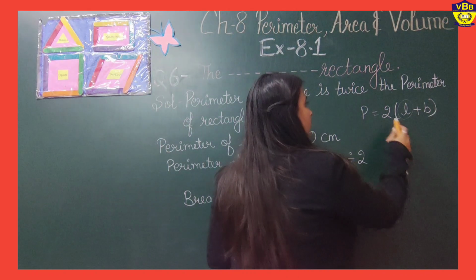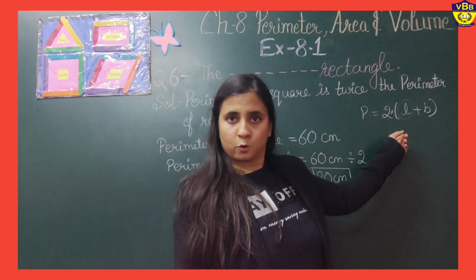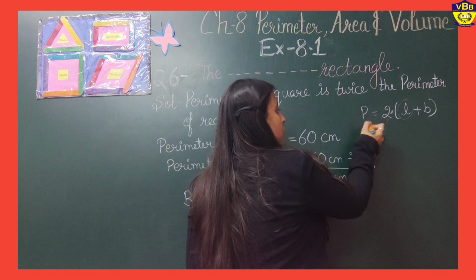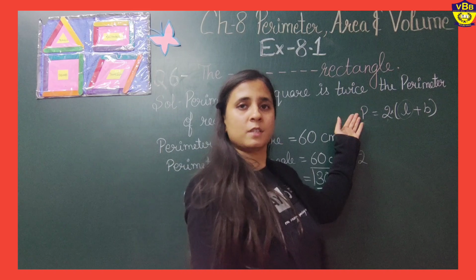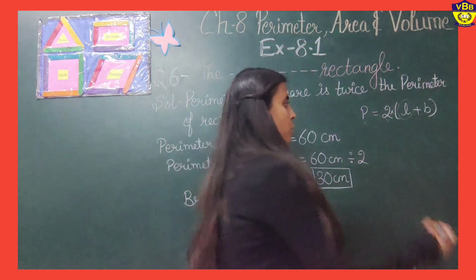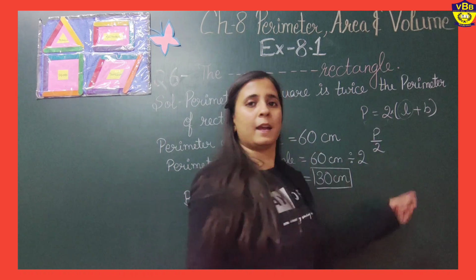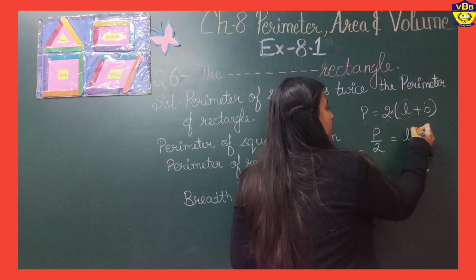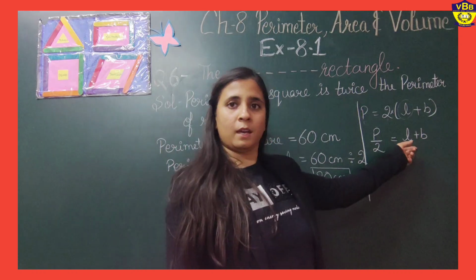2 is being multiplied here. So, if I change its position towards the equal to sign, from right side to left side, if here it is being multiplied, the opposite, as I am changing its position, it will become divide. P divided by 2. And what is left here? L plus B. Okay?